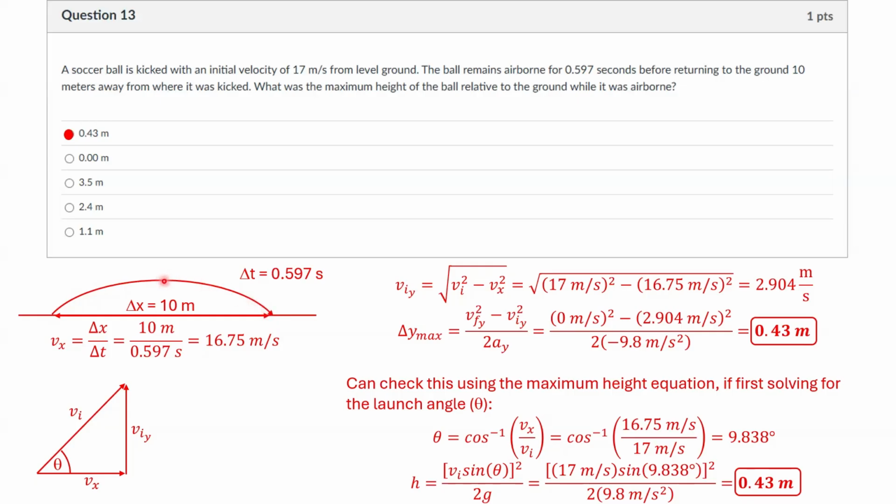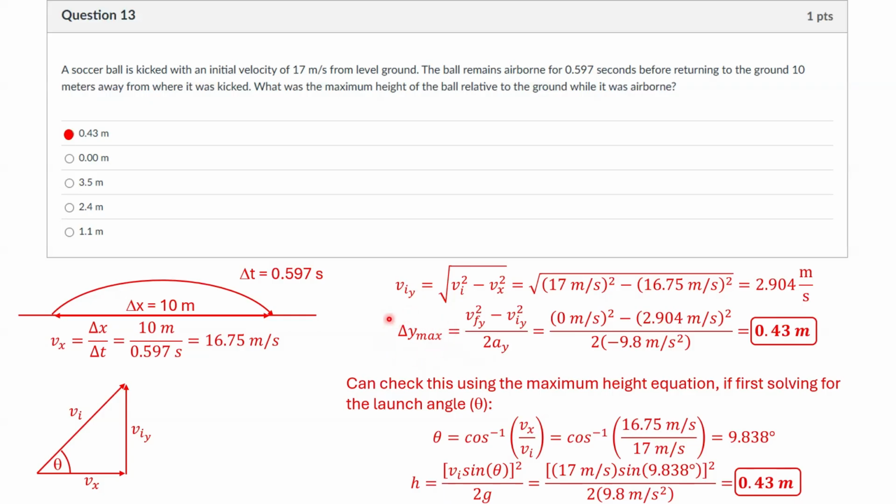So at that point in time, we must instantaneously have a vertical component of velocity equal to 0. With that knowledge, we have enough information to use one of our constant acceleration equations that relates the final velocity of an object to the initial velocity of an object, if provided a known constant acceleration in the same set of directions, and the displacement of an object.